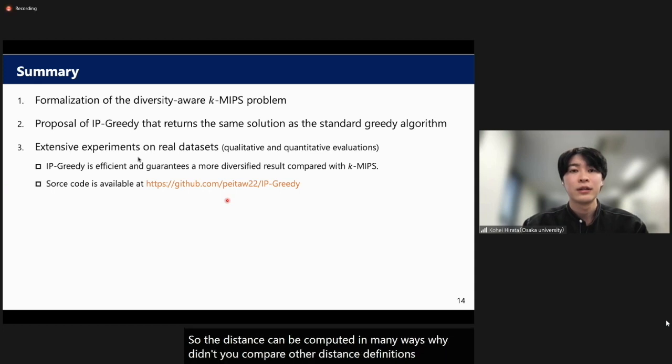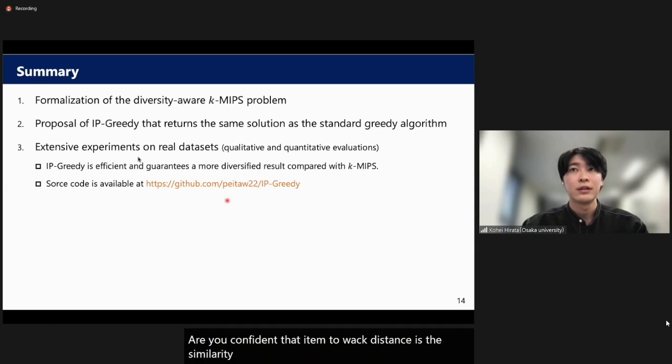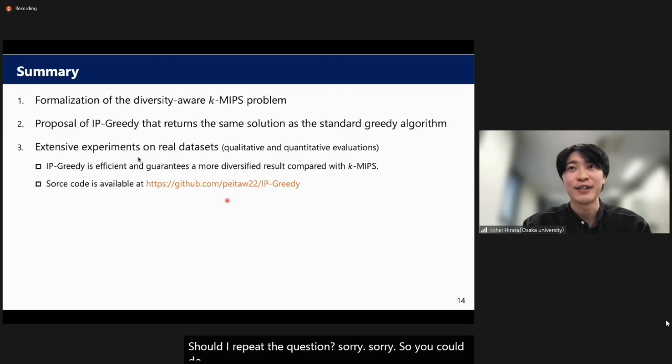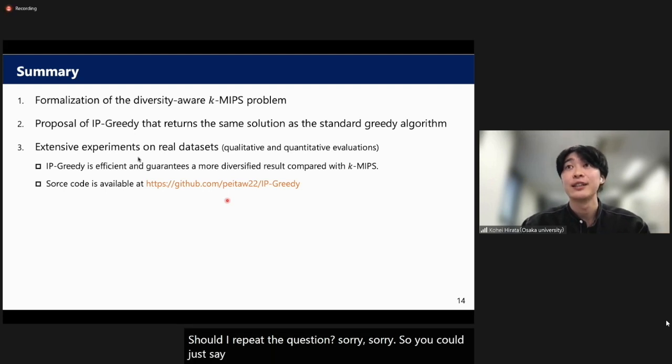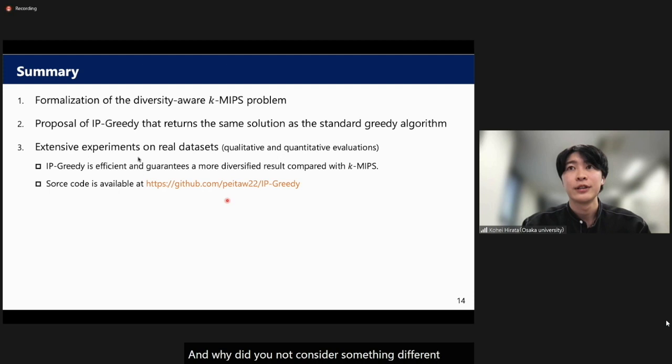Are you confident that item2vec distance is dissimilarity? And why did you not consider something different as a measurement?